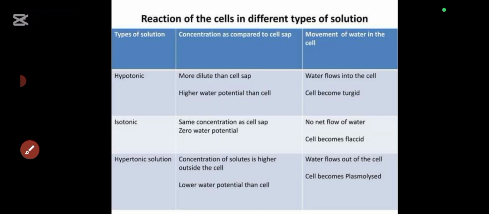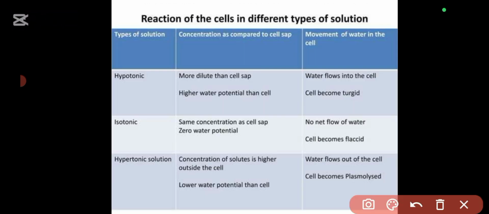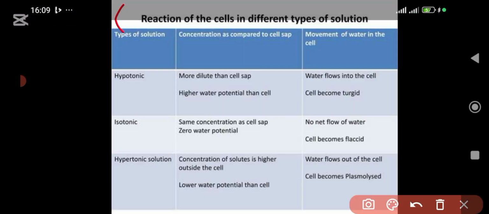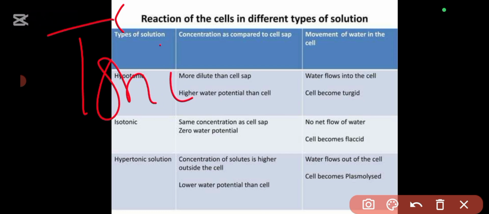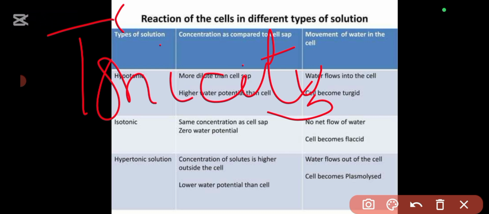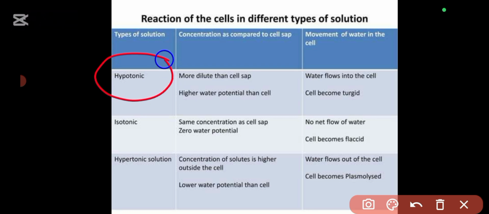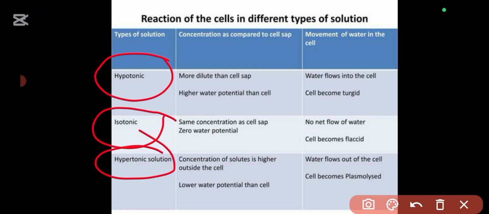Now, reactions of the cell in different types of solution. We now have two different types of solution. We term it tonicity. Tonicity is just the gradient, the relationship between the salt and water concentration in the cell or outside of the cell.